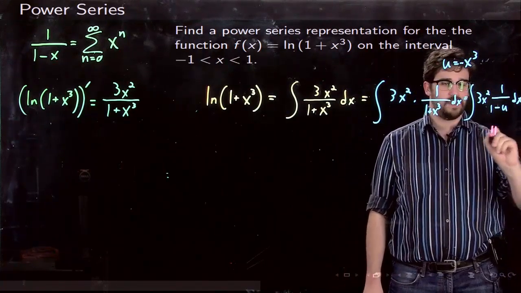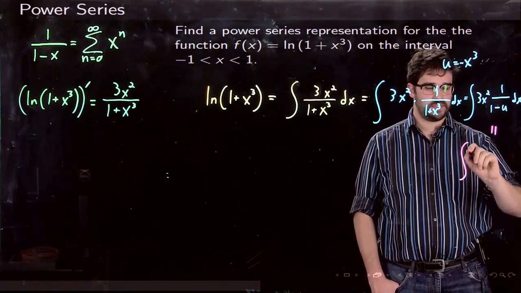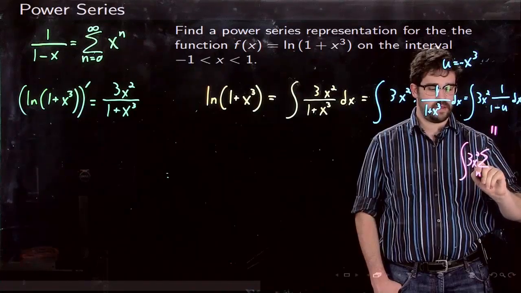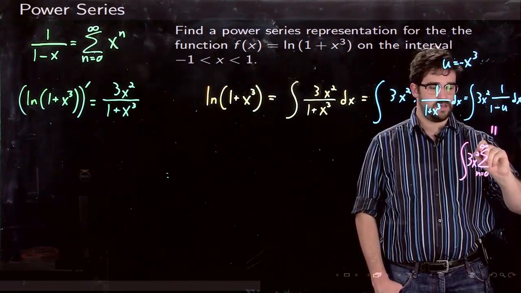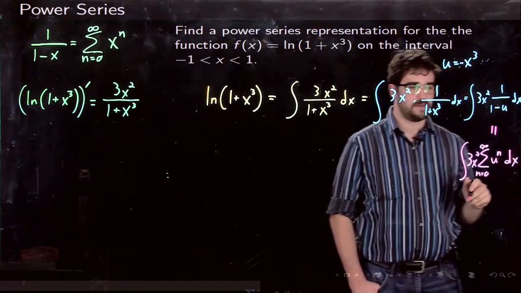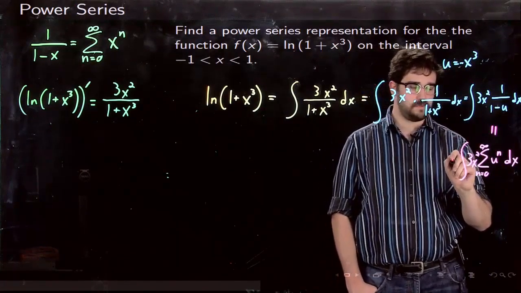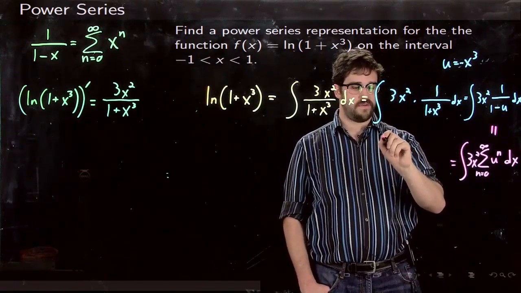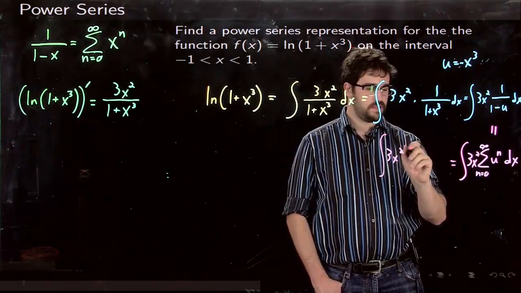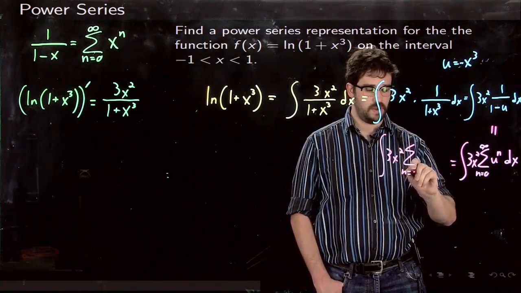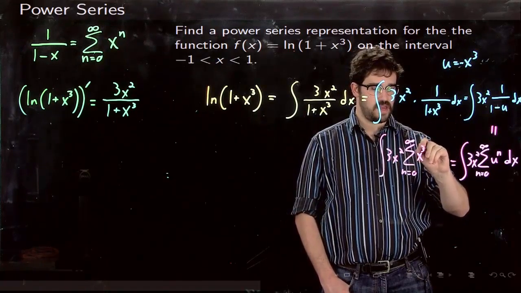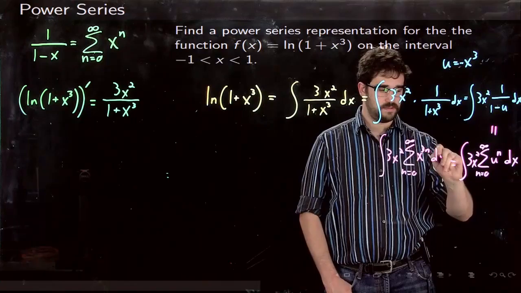So we move down, and we get the integral still of 3x squared, and then we have a sum, n equals 0 to infinity, of u to the n, all this with a dx. Now we can substitute back our u, and we still have the integral of 3x squared, sum, n equals 0 to infinity, of x to the 3n dx.